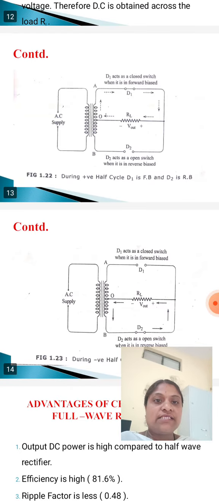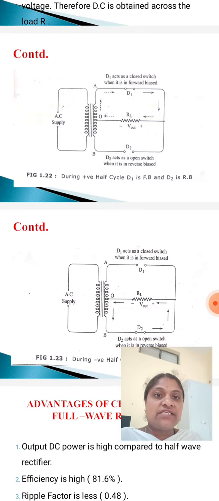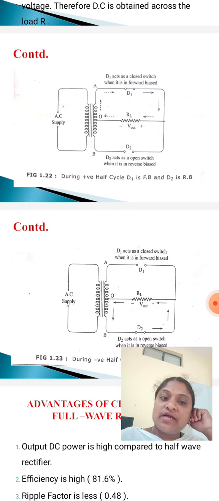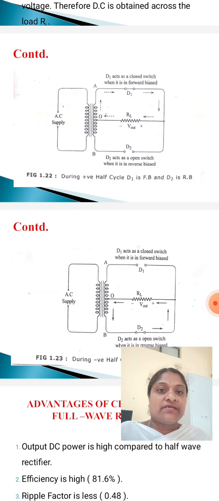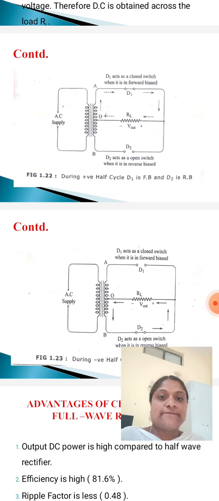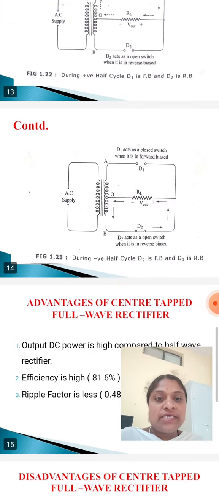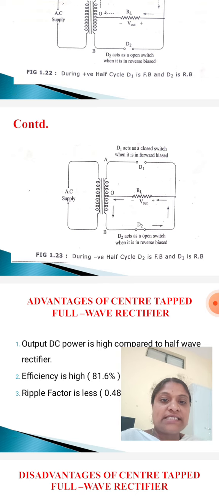Observe this. During the positive half cycle, D1 is forward biased and D2 is reverse biased. So D1 acts as a closed switch, and current flows through D1 and the load resistor. Next, during the negative half cycle D2 conducts current.